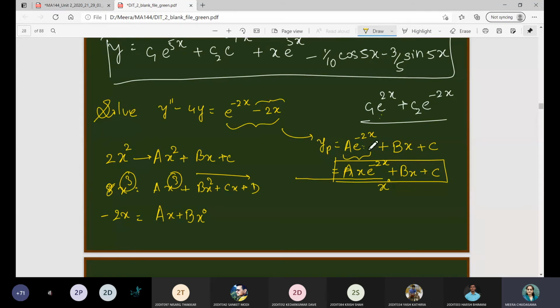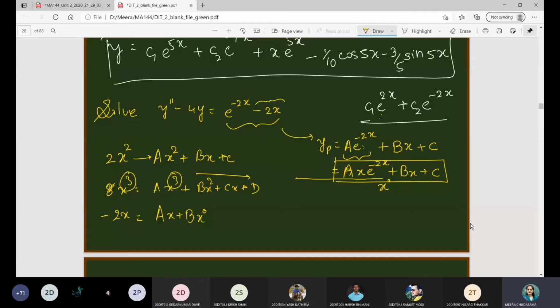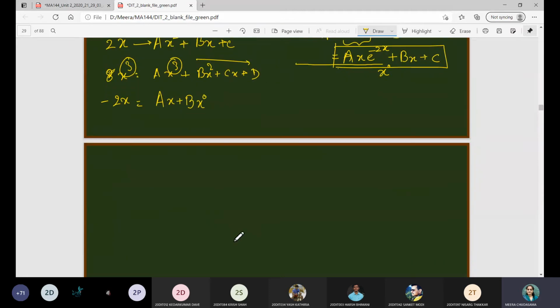ओके, तो आप डेरिवेटिव्स फाइंड आउट करो और उसके बाद जो कांस्टेंट क्वांटिटीज a, b, c इन्वॉल्व हो रही है उसको सॉल्व करने की कोशिश करो. My screen is visible to you, no? Yes.